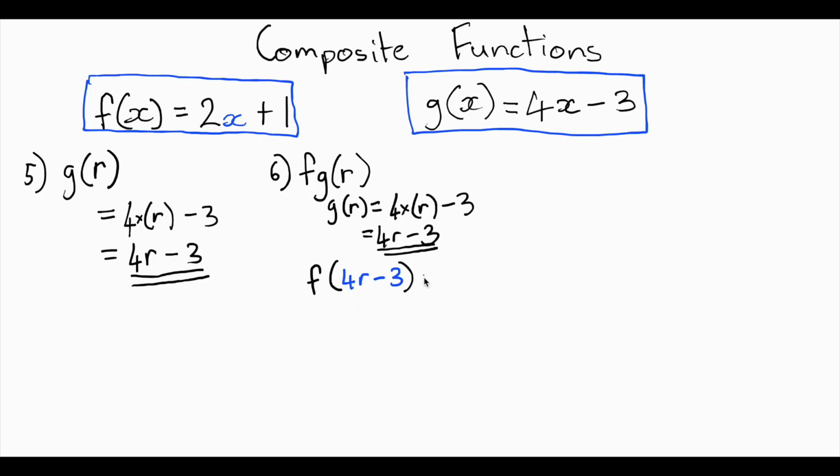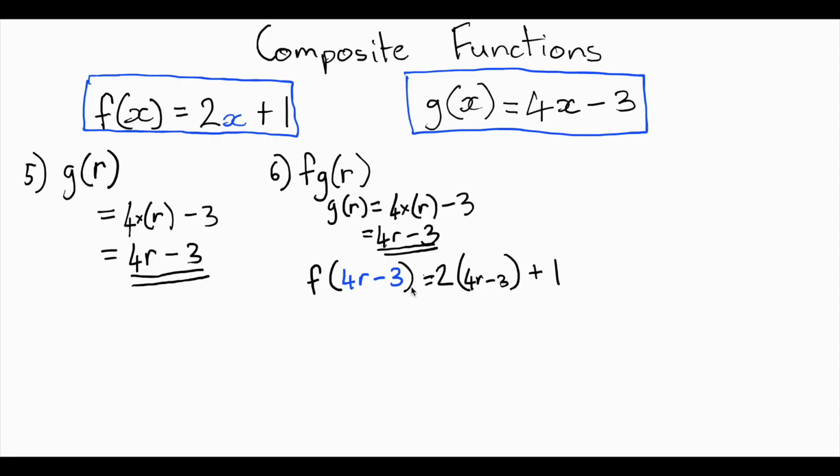So then we would have 2 times, now this X has to go with 4R minus 3, so 4R minus 3, then plus 1. Notice what I did there: I literally substituted the X with 4R minus 3. This is almost the same as saying 2X plus 1, except the X is covering the 4R minus 3 because that's the input.